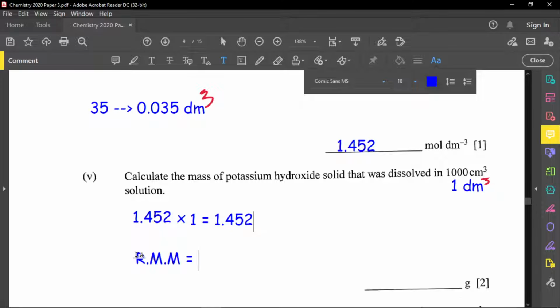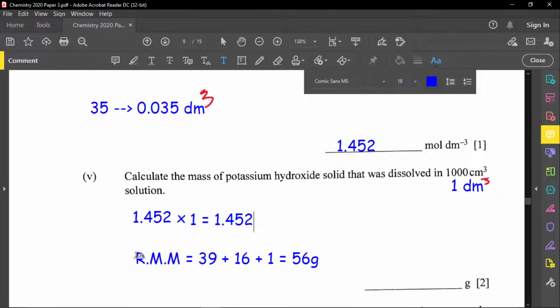It will equal 39 for potassium, plus 16 for oxygen, plus 1 for hydrogen. And the total of that is 56. So 56 grams, that's the relative molecular mass, or the molar mass.